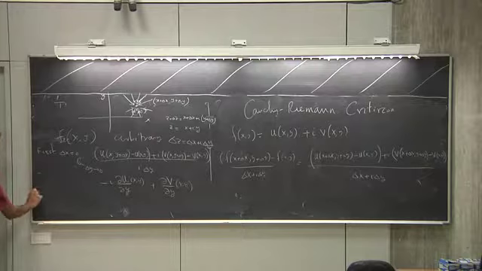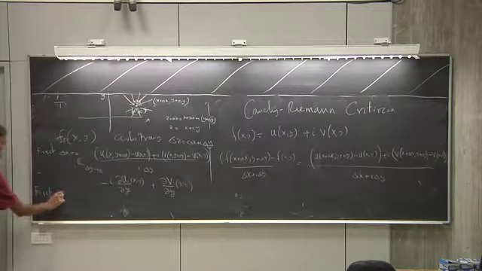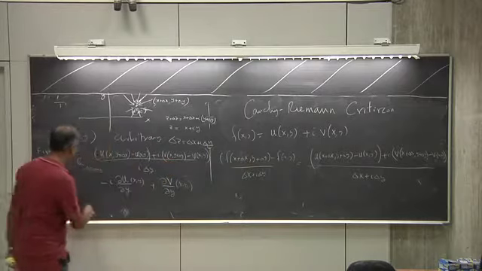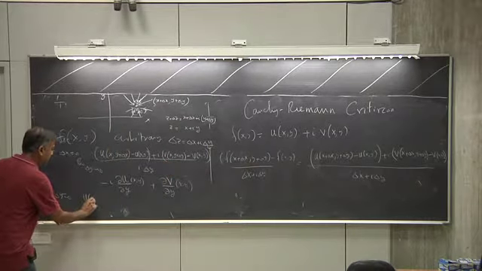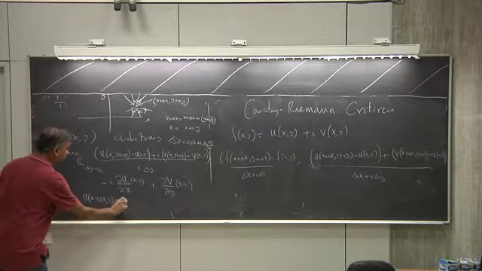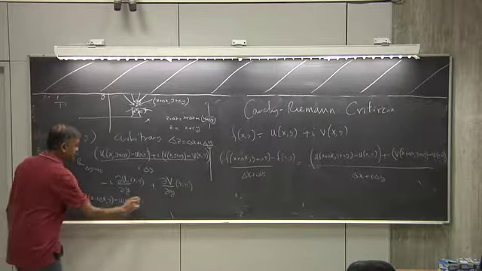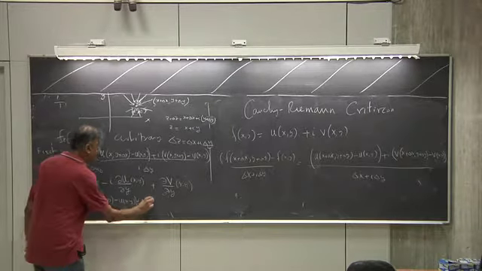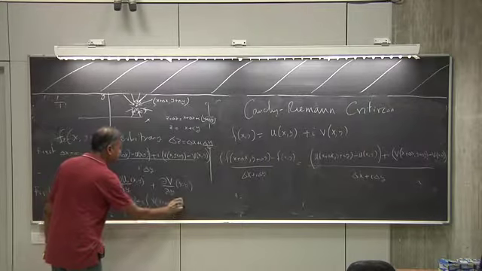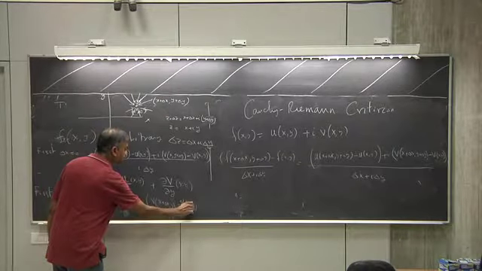Now let's put first delta y equal to 0. Then you get u of x plus delta x, comma y minus u of x y, plus i times v of x plus delta x, comma y minus v of x y.